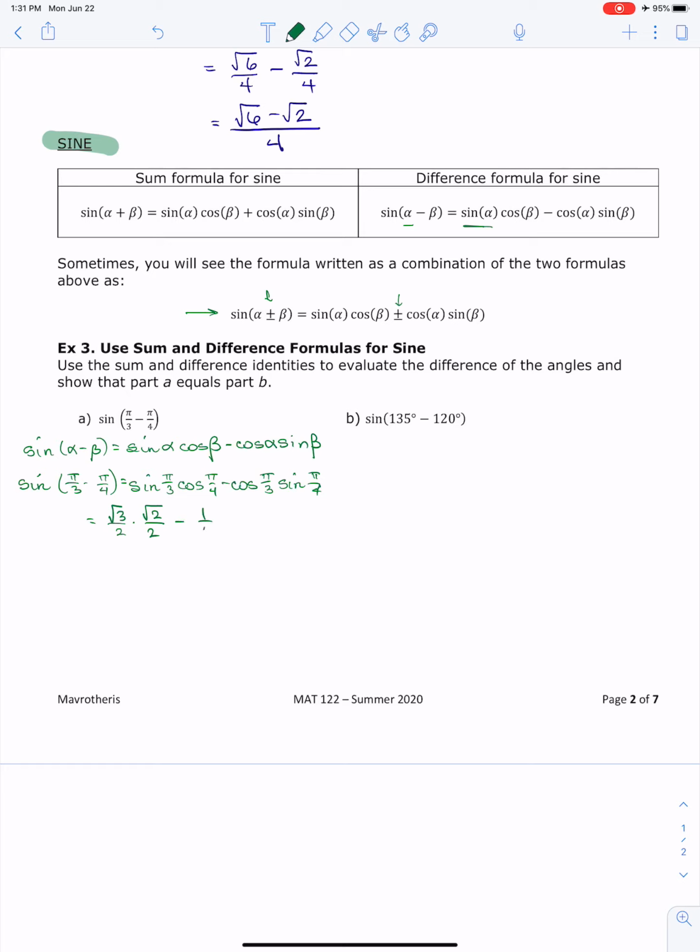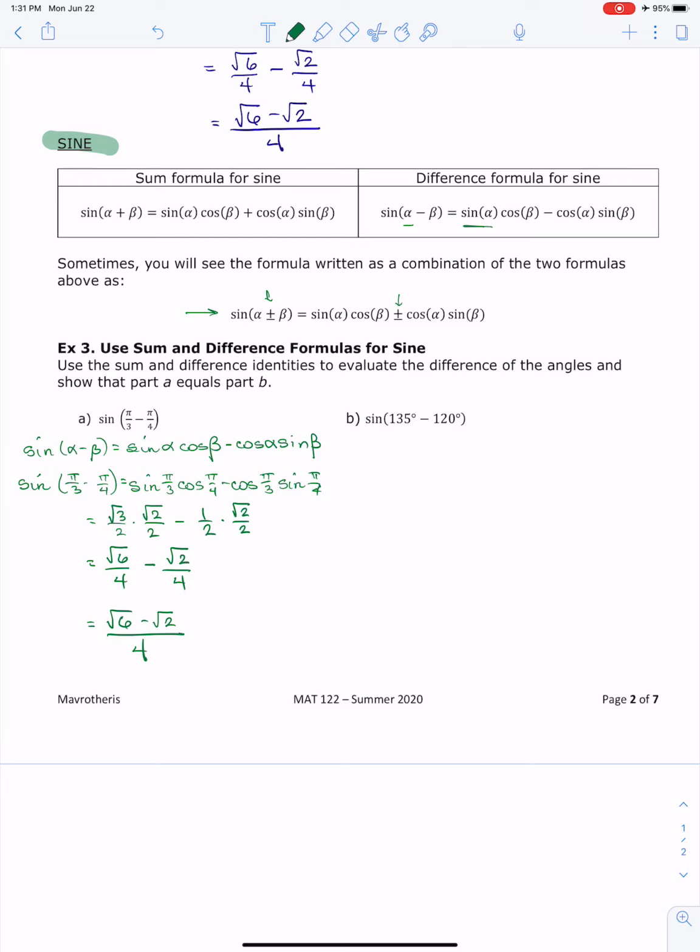Cosine of pi over 3 is 1/2. Sine of pi over 4 is square root of 2 over 2. I get square root of 6 over 4 minus the square root of 2 over 4. We have a common denominator, so we're going to combine those into one fraction. And we get square root of 6 minus square root of 2 all over 4. Notice something, we'll talk about that in a minute. Let's go on to B.